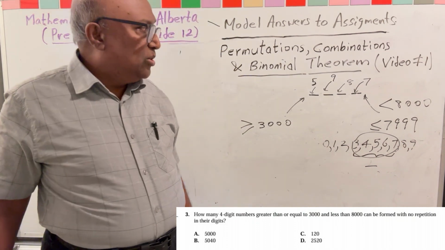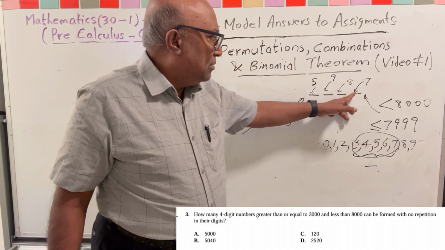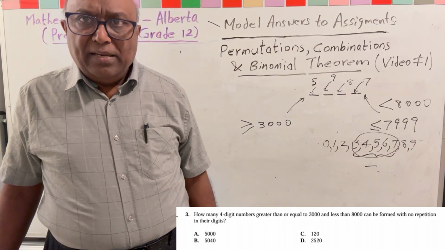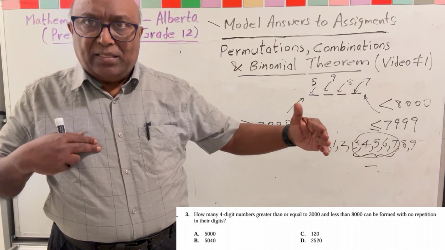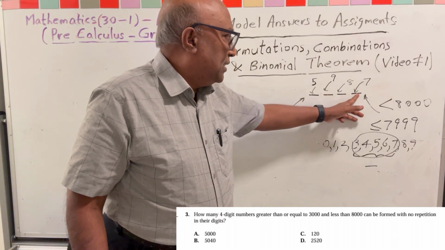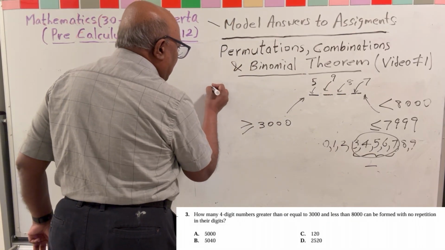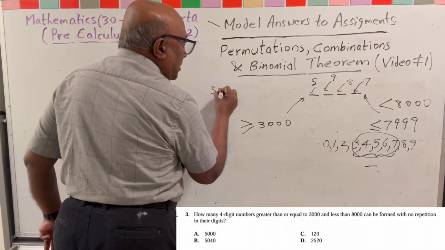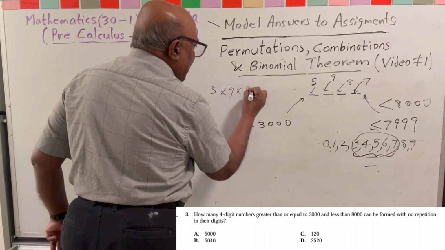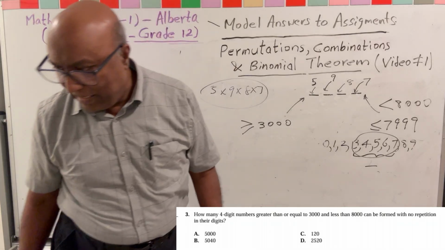Finally, the number of ways of filling all these four spaces is the product of 5, 9, 8, 7.